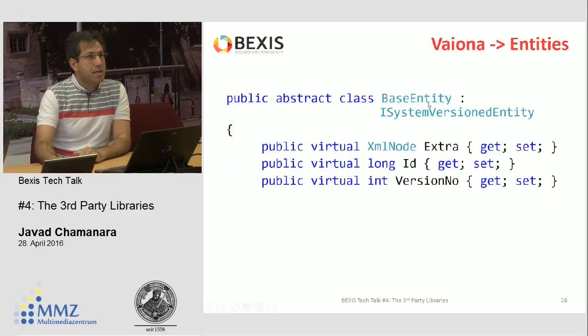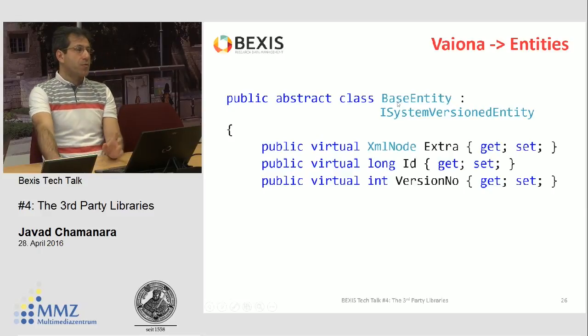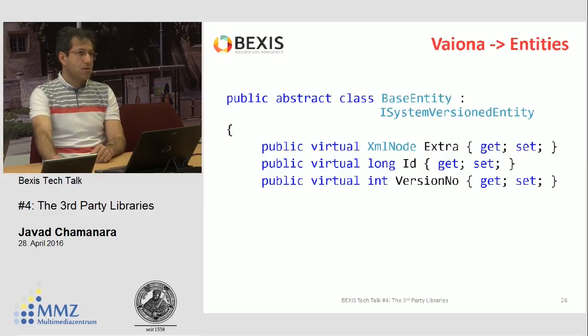So base entity is a normal abstract entity that implements system versioned entity, which means it is equipped with some extra information to do concurrency control. That is good for multi-user scenarios.